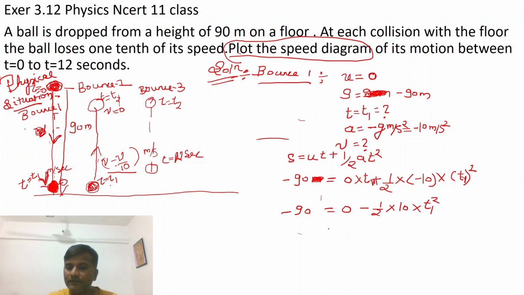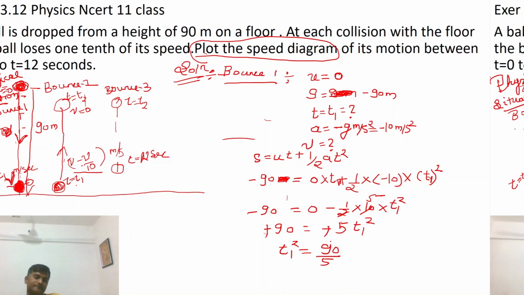This will be minus 90 is equal to minus 5 t1 square. The minus signs cancel, and t1 square will be equal to 90 by 5, which is 18.